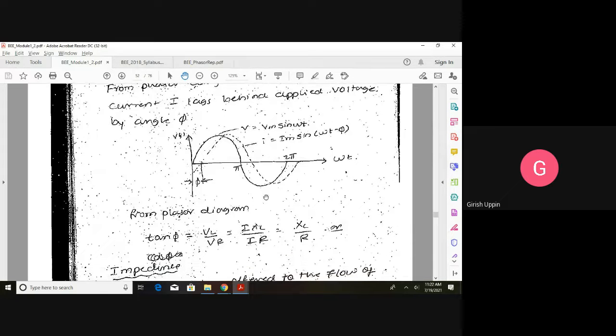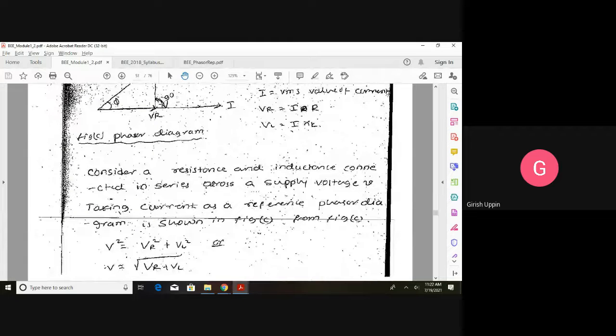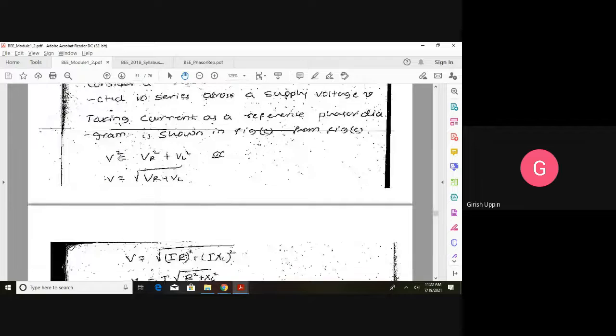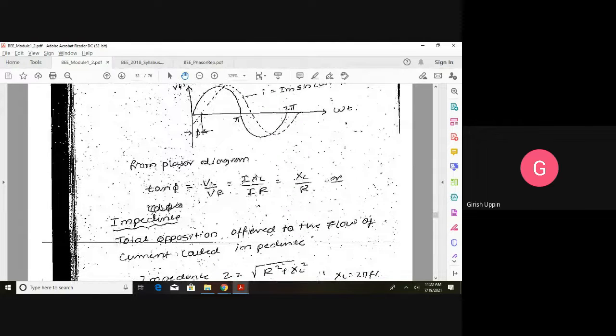And from the phasor diagram, from this triangle, we can always easily find the phi. So this is the triangle. This side is V, this side is VL, this side is VR. So we can find out the angle as tan phi is equal to VL opposite divided by VR. And what is VL?